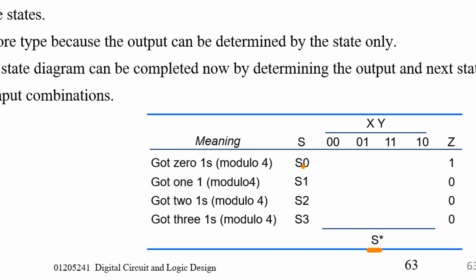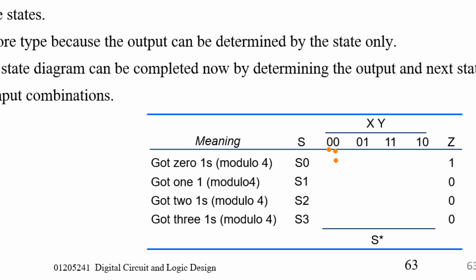you consider what the next state is for all possible inputs. In this case, because there are 2 input bits, there are 4 possible input combinations. Now let's consider if the current state is S0 and the input XY is 0, 0.